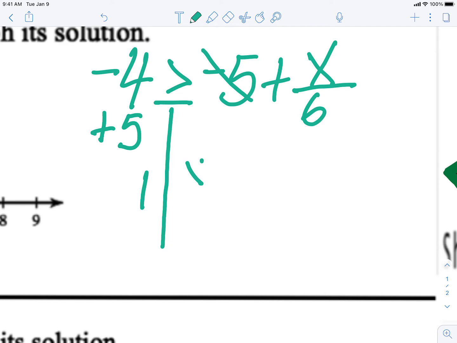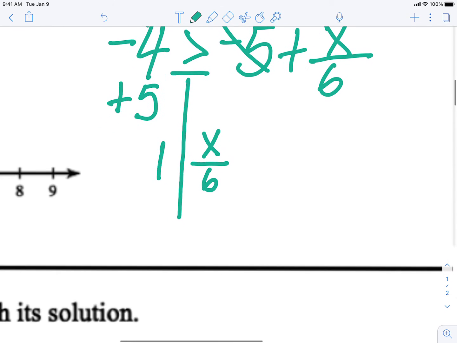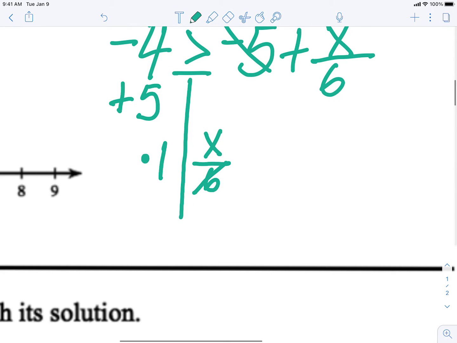Now I still have my x over 6 here, right? So this means x divided by 6. What is the opposite of dividing? The opposite of dividing on the right side is multiplying on the left side. So I'm going to cross out 6, and I'm going to multiply by 6.